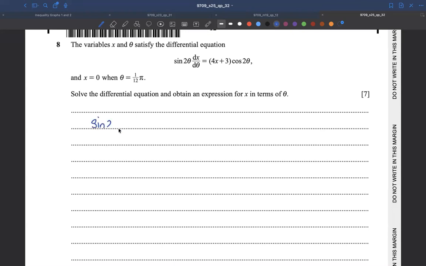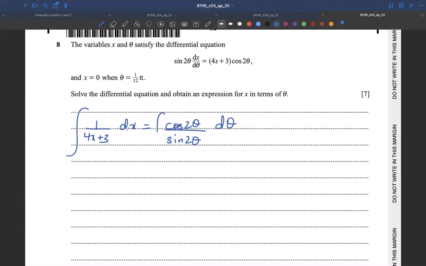So we'll get sine 2 theta upon cos of 2 theta. Okay, so the d theta is in the denominator, so we have to do it the other way around. So we'll bring the 4x plus 3 in the denominator over here, and we'll write it as cos 2 theta upon sine 2 theta d theta. Now we can integrate both the sides.